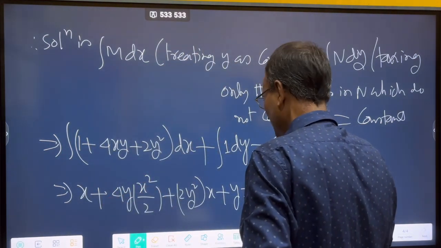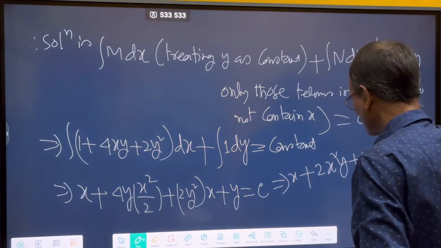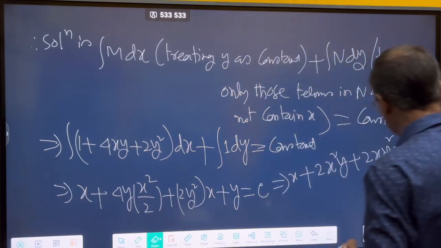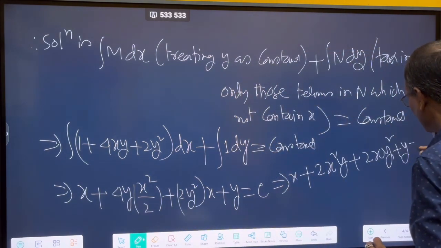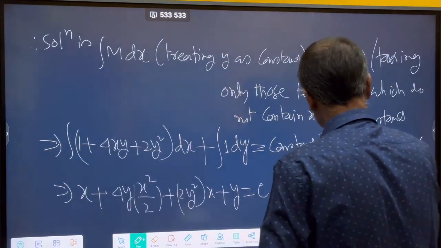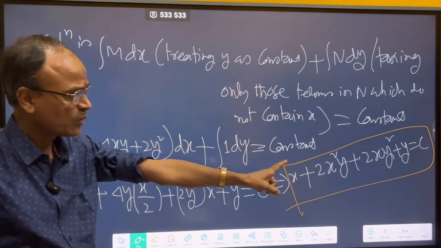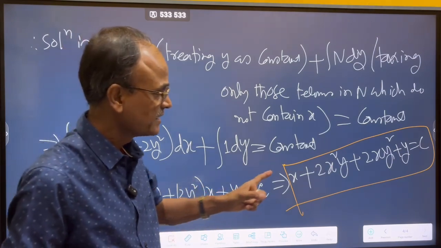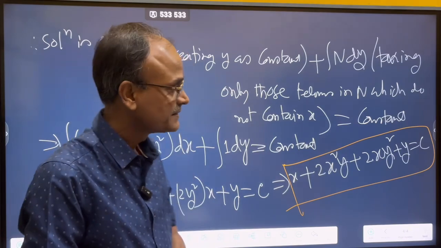This means x plus 2x square y plus 2x y square plus y equal to constant. Answer is this: x plus 2x square y plus 2x y square plus y is equal to constant.